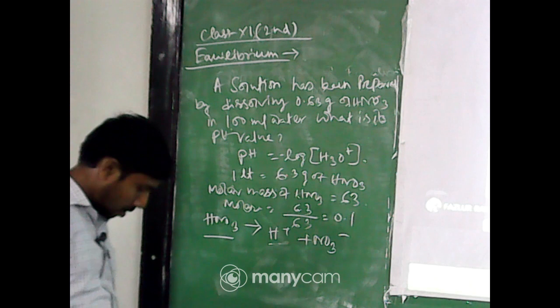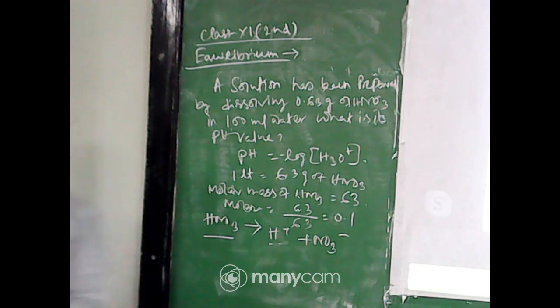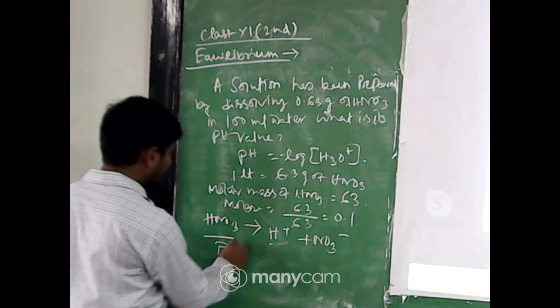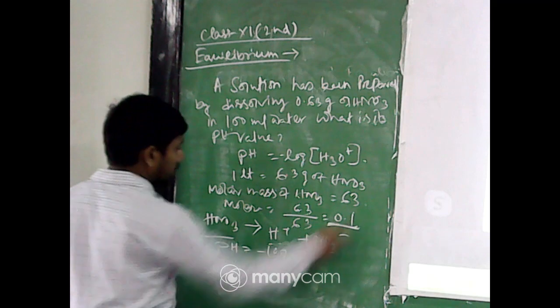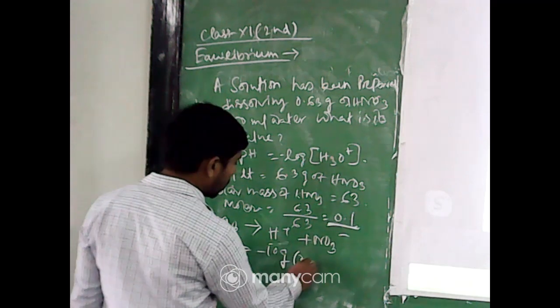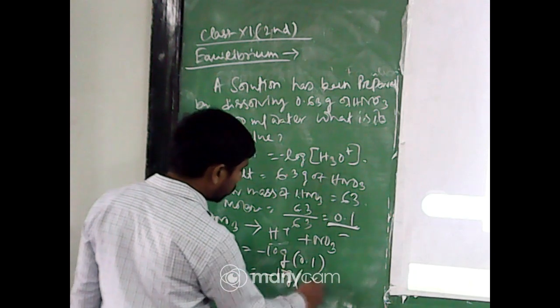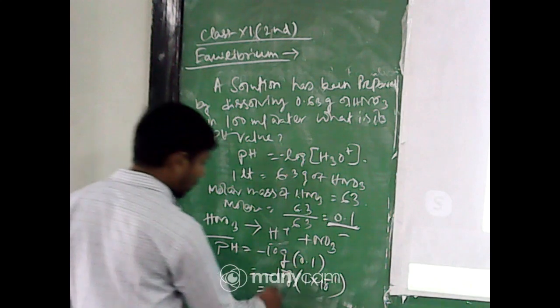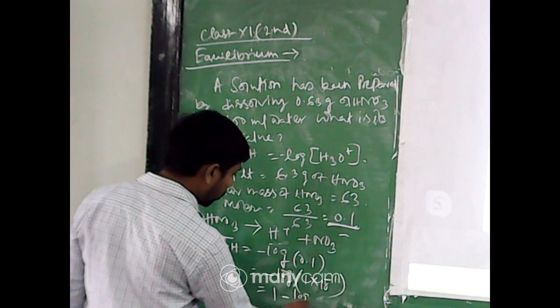Now we have to put in the value of the concentration of H plus. So pH equals minus logarithm of the concentration of H plus, that is 0.1, so minus log of 1 into 10 to the power minus 1, that is equal to minus log 1 plus 1.